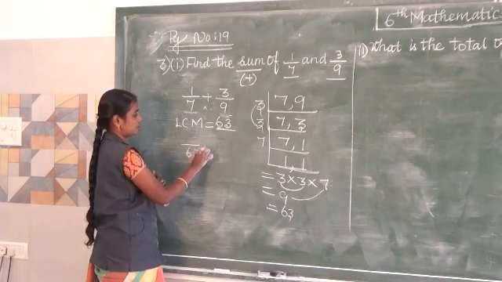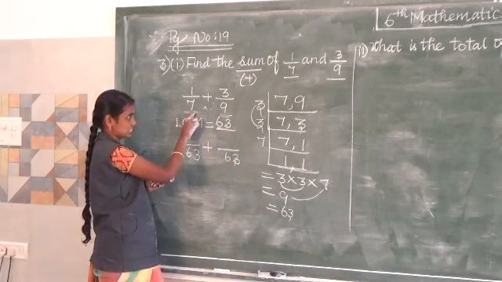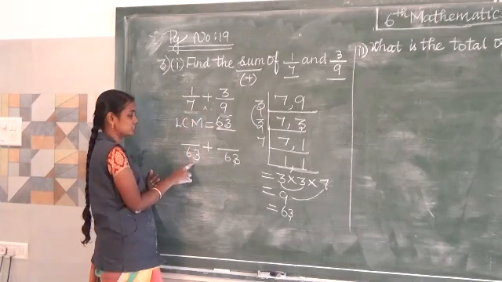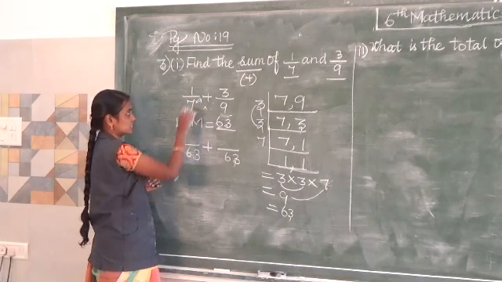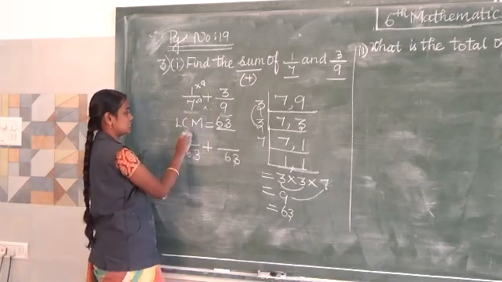Now change the denominator to 63. Before it was 7. So 7 table, how many times will 63 come? 7 into 9 is 63, so here also multiply by 9. 1 9s are 9.